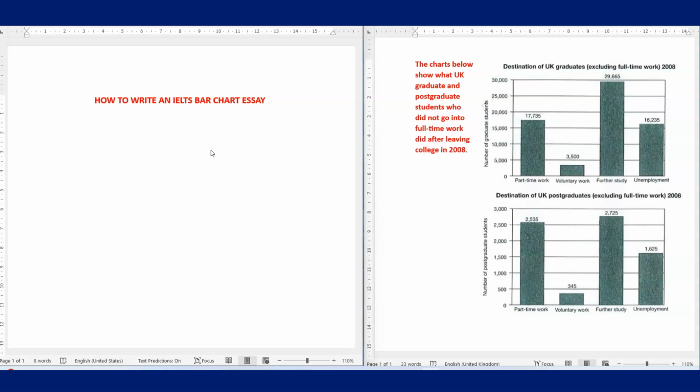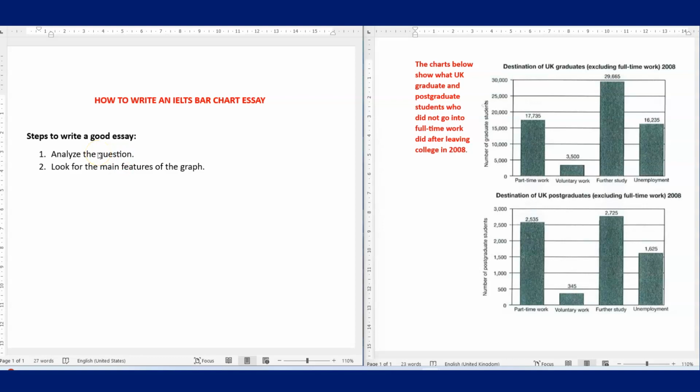Before you write any kind of IELTS essay, there are some steps that you have to go through. First of all, you need to analyze the question, and then you look out for the main features of the graph.